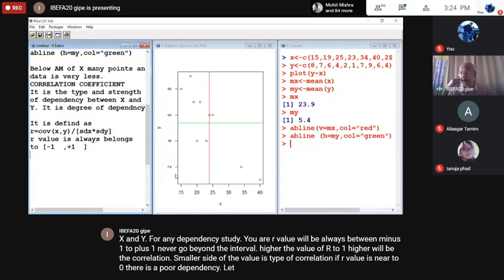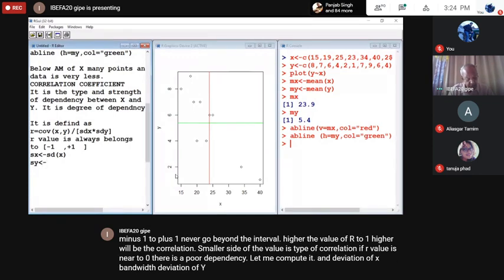Let me compute it. Standard deviation of X. Standard deviation of Y. Covariance XY.